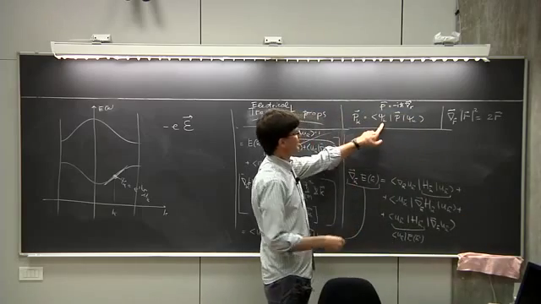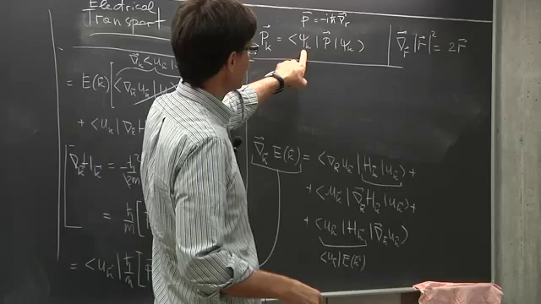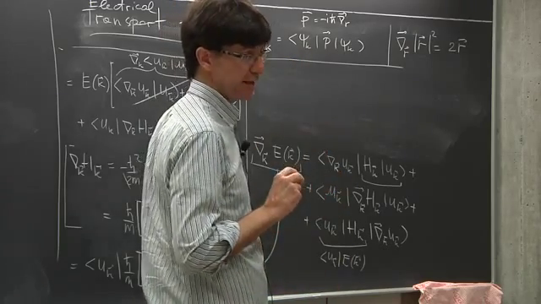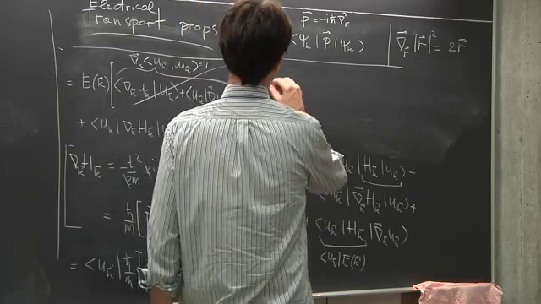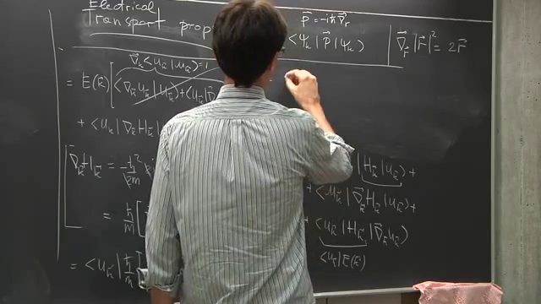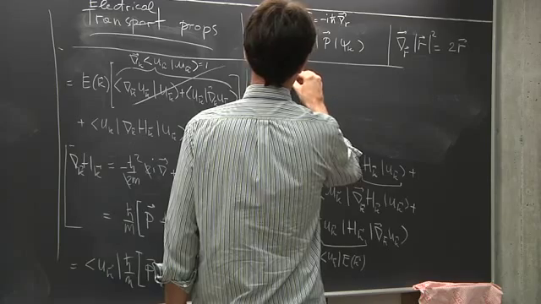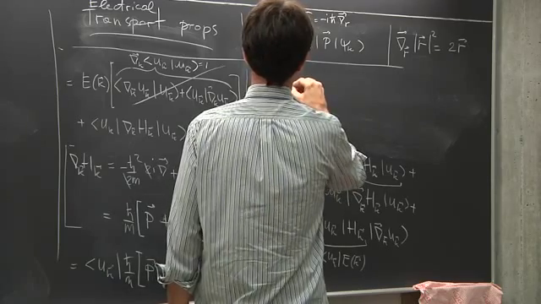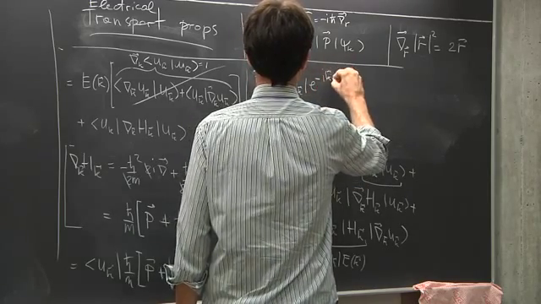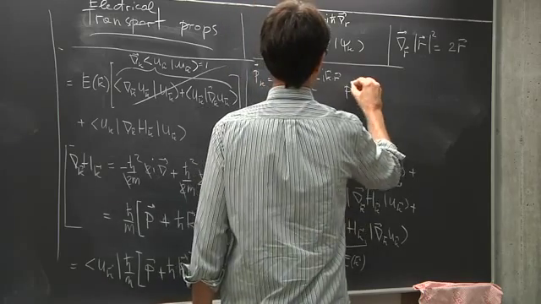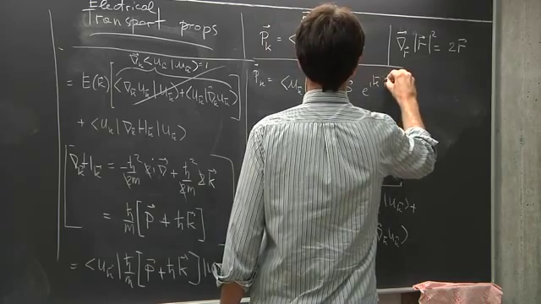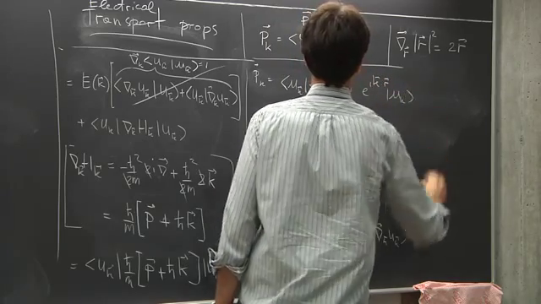Let me calculate this one now explicitly by replacing psi of k with u of k e to the i k r. So p of k is equal to u of k e to the minus i k dot r p e to the i k dot r u of k.